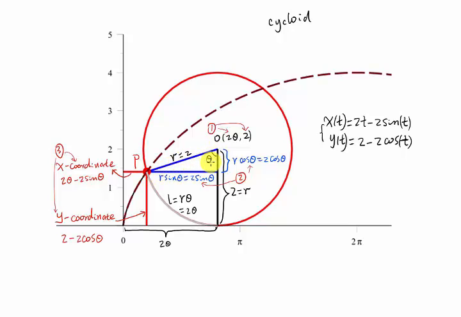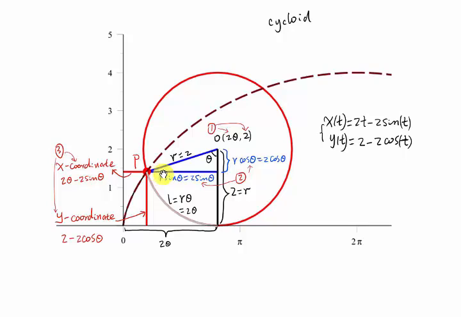Radius times sine theta will be the opposite side. So r, this hypotenuse, times sine theta will be the length of the opposite side. Again, r is 2, so it's 2 sine theta.